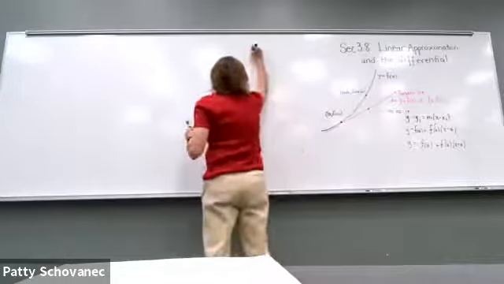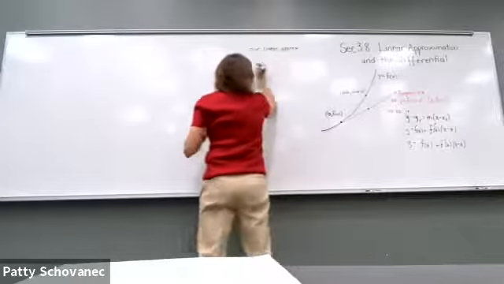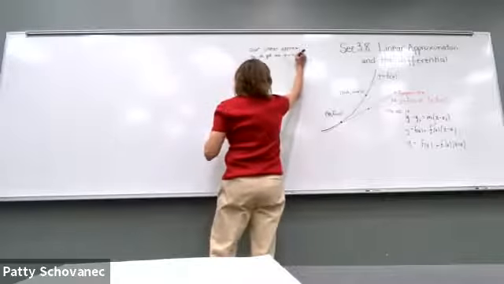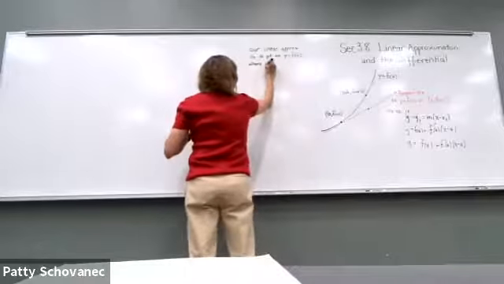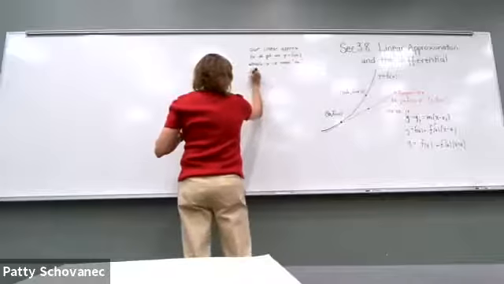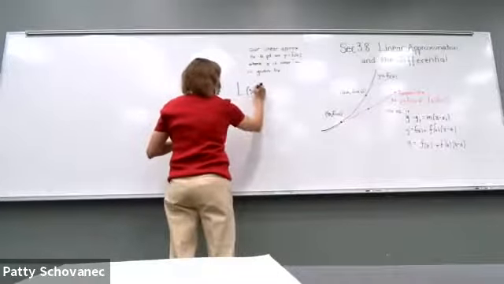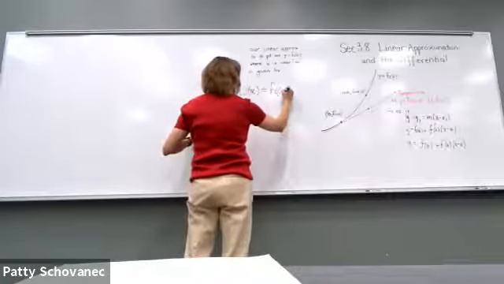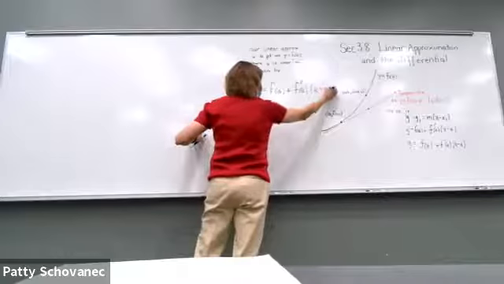So our linear approximation to a point on y equals f of x, where this x is near a, is given by the linear approximation for that particular x, and it's just the tangent line value right there.